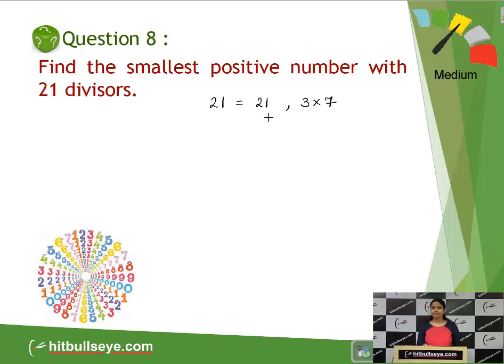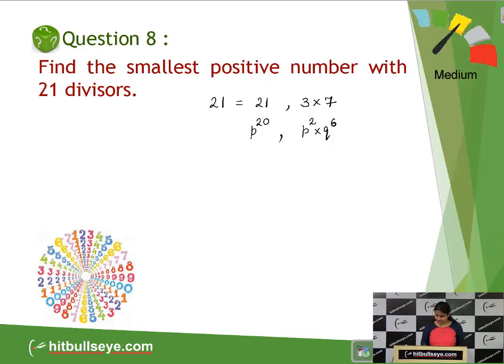So, if we apply factor formula, either my number should be of this format, p raised to power 20, any prime raised to power 20, or of this format, p square into q raised to power 6. These are the only two possibilities where this number will have 21 divisors. I am exploiting number of factors formula here.